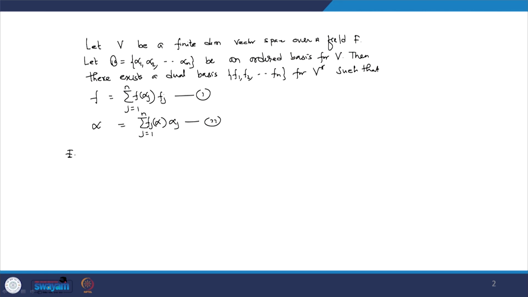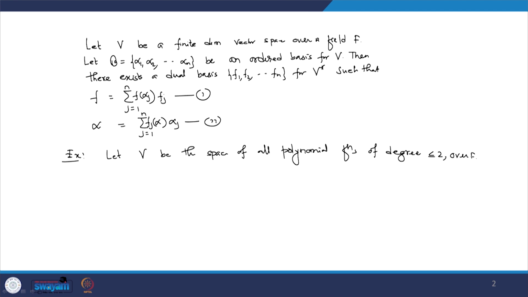Let me consider one example. Let V be the space of all polynomial functions of degree less than or equal to 2 over the field F. Polynomial functions are defined from F to F only, and the degree of the polynomial function is less than or equal to 2.